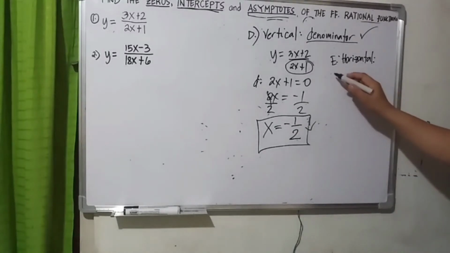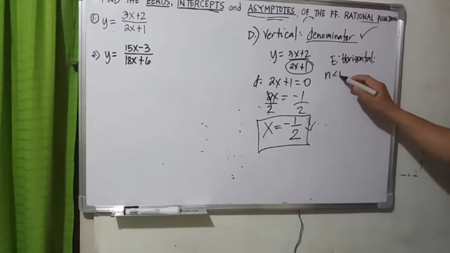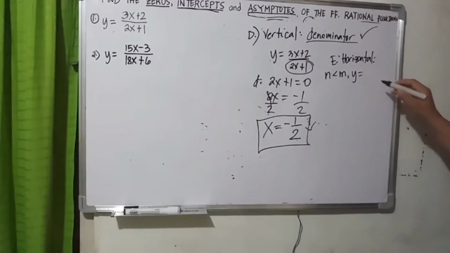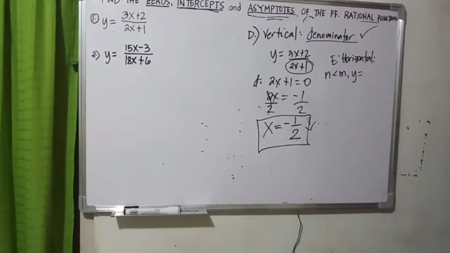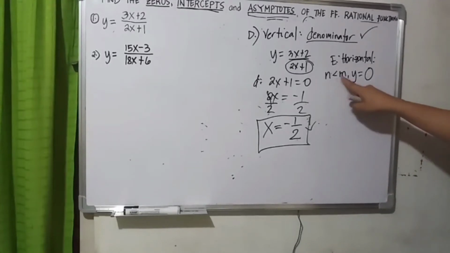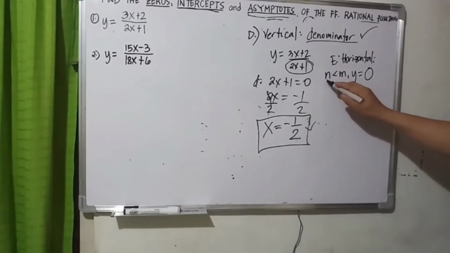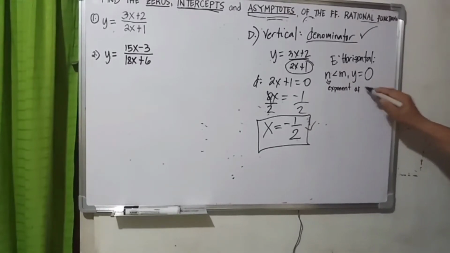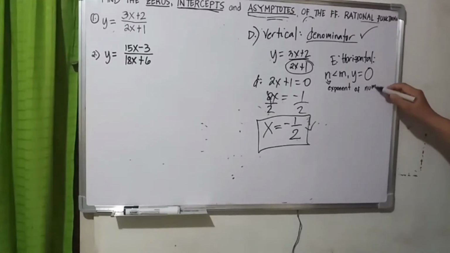So una, if n is less than m, ang horizontal niyan is y equals 0. Sir, ano yung n and m? Ang n is the exponent of the leading coefficient of the numerator.